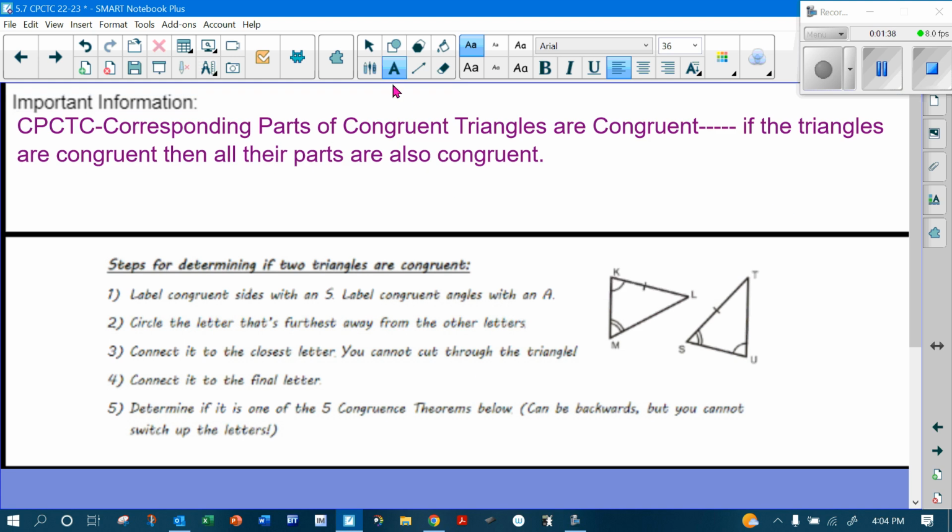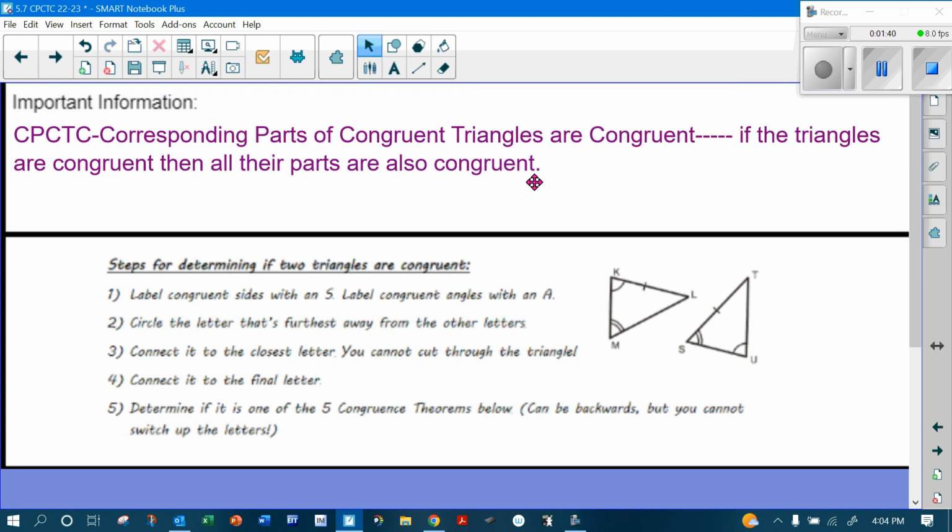So corresponding parts of congruent triangles are congruent, meaning if the triangles are congruent, then all their parts are also congruent.